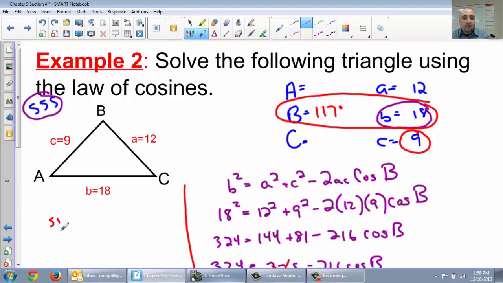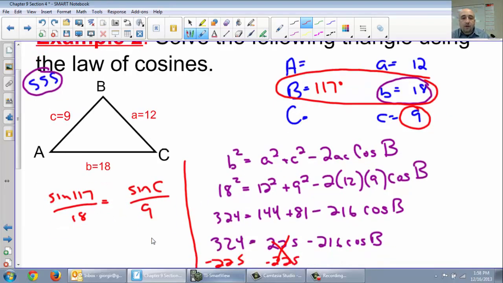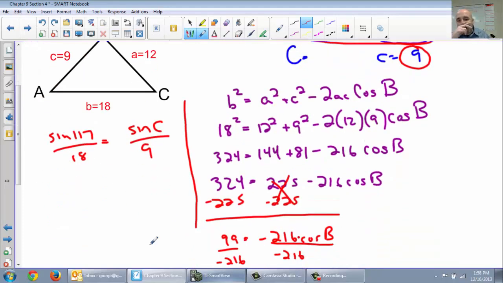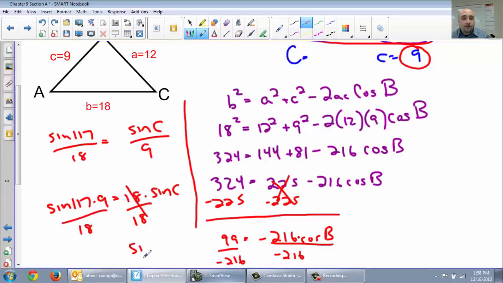So sine of 117 over little b, which is 18, equals sine of angle C over little c, which is 9. And then we're going to do our law of sines. At this point, I think you should be doing this pretty quickly. Let's just breeze through this. Sine of 117 times 9 equals 18 times sine of C. Divide by 18. 18's cancel, so sine of C is equal to, let's do this on our calculator.